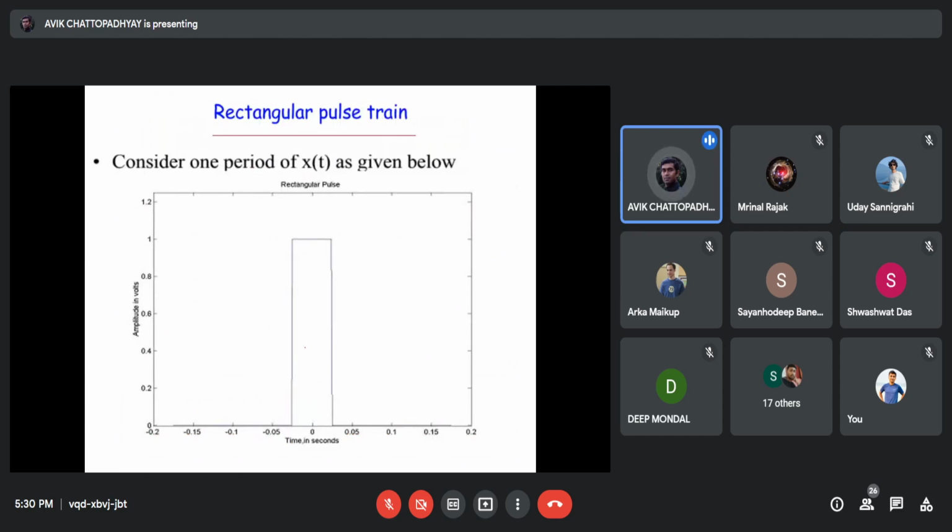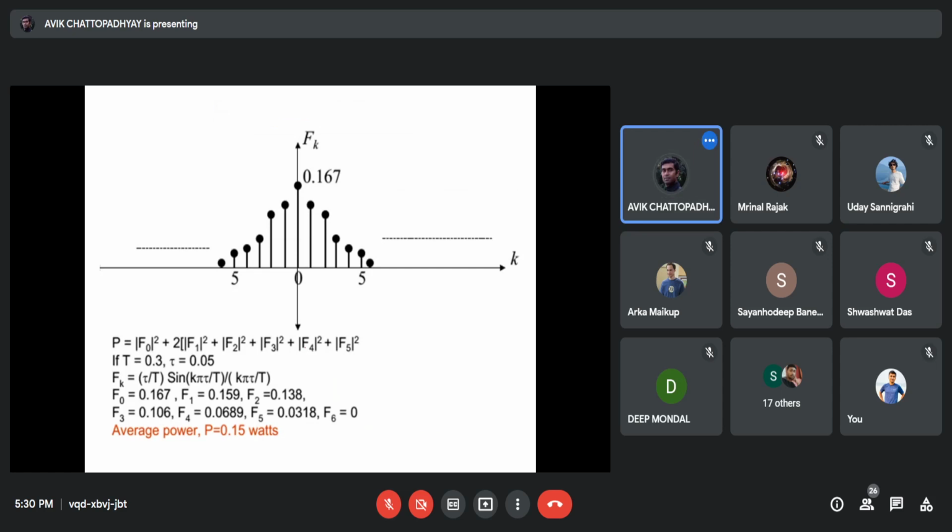I have given this particular problem as an example for you. Here it is done in the form of an example, but I'm not going to do it for you. I've given it as an assignment to you. You just do it and cross-check. First of all, you just check the power. You just calculate the power for this first null, or this first lobe.